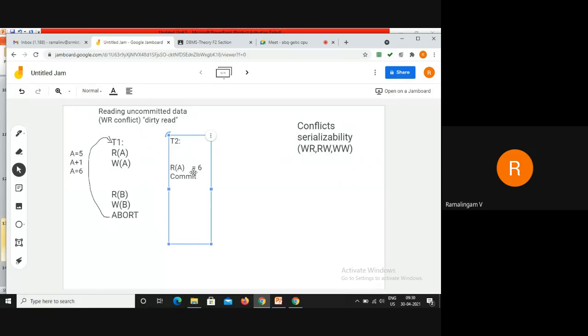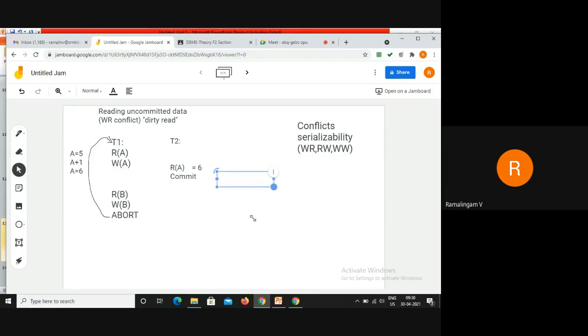Okay, the second one is read write. What is the read write conflict? That is unrepeatable read. For the unrepeatable read, you see here, we'll move here. We are taking another transaction.